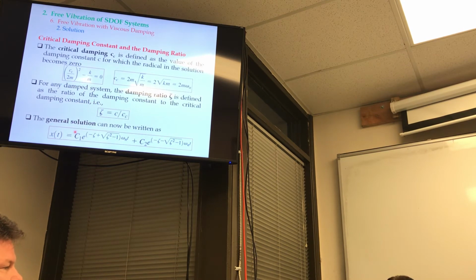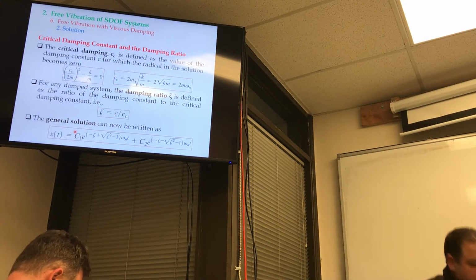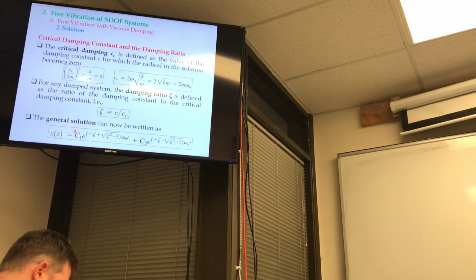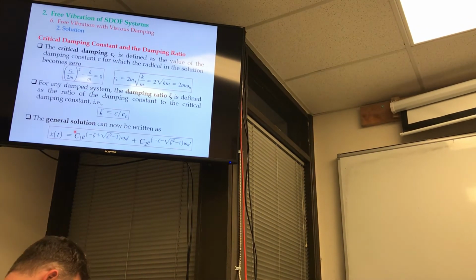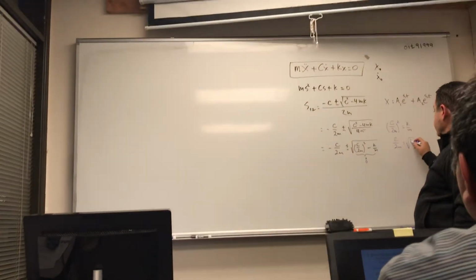Alright, let's start first with one situation: when this term inside the radical is equal to 0. That means you have c over 2m squared equals k over m, right? That means c over 2m is equal to the square root of k over m.